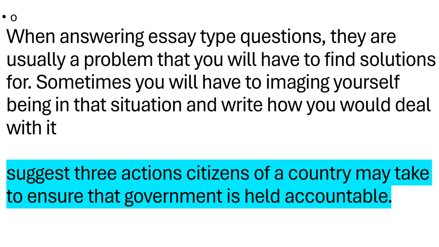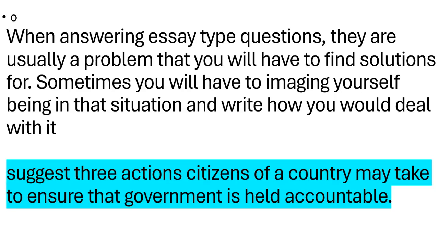For example, suggest 3 actions citizens of a country may take to ensure that government is held accountable. You're a citizen of a country. I know that you have been watching the news, you are in your communities, you may be hearing your parents talk about some of the things that the government has promised they would do, some of the things that the MPs in the different constituencies have promised to do to improve the citizens' lives, to improve the standard of living, to improve the country.